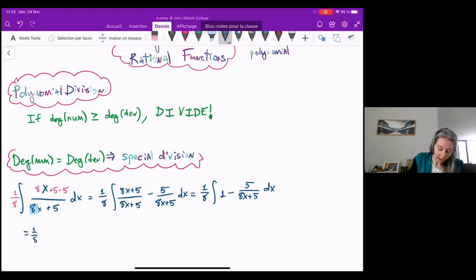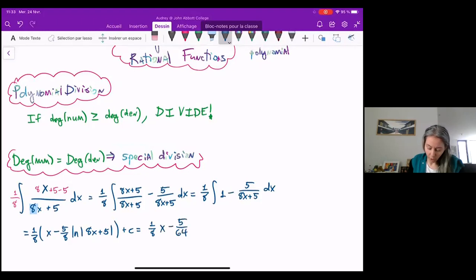So I end up with 1 over 8 times x minus 5 over 8 natural log of 8x plus 5. Remember, we divided by that 8 because the derivative of 8x plus 5 is 8. When the derivative is just a constant, we divide by that constant. So here I end up with 1/8 x minus 5 over 64 ln of the absolute value of 8x plus 5, plus c.